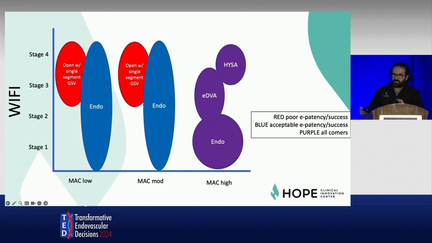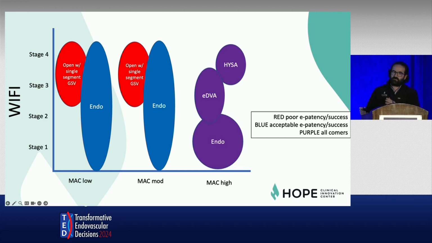As you can see, if the MACs are low, meaning the calcification patterns of the pedal vessels are low, these patients probably could do well with both endo and open, with endo potentially looking good from the patency standpoint. Of course, the higher the stage, the more likely you need longer patency rates. So if you do have a single segment greater saphenous vein, that patient would probably be better served with a bypass.